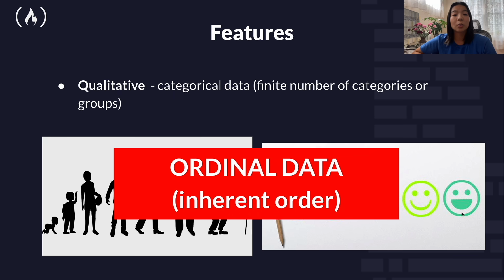These are known as ordinal pieces of data because they have some sort of inherent order. Being a toddler is a lot closer to being a baby than being an elderly person, or good is closer to great than it is to really bad. So these have some sort of inherent ordering system.